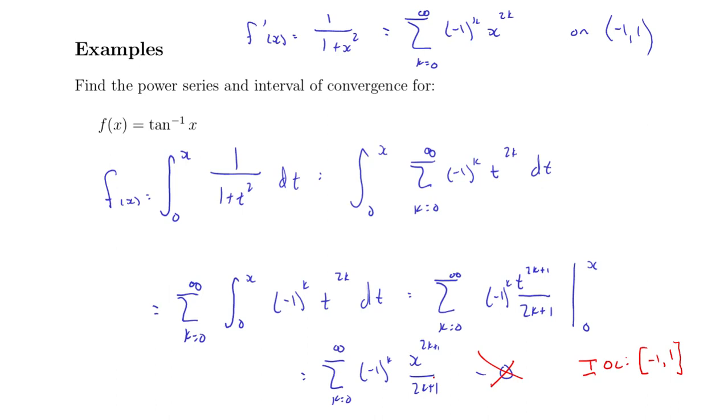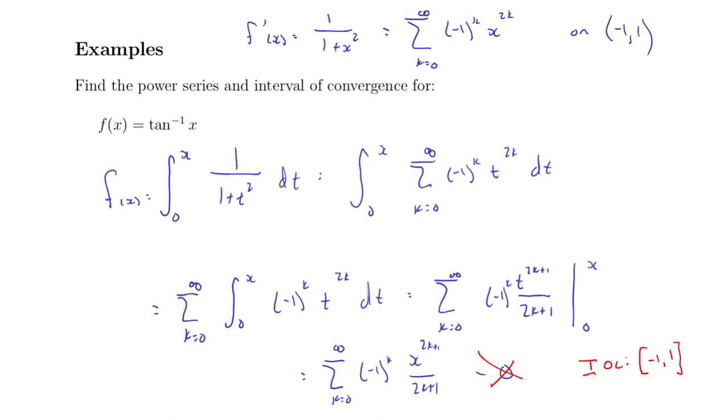They converge conditionally, not absolutely, but that's fine. The series itself will converge when x is equal to 1 and when x is equal to negative 1. So our interval of convergence for this inverse tangent function isn't much different than what we started with, but we do include the endpoints. Hopefully that's helpful to see.